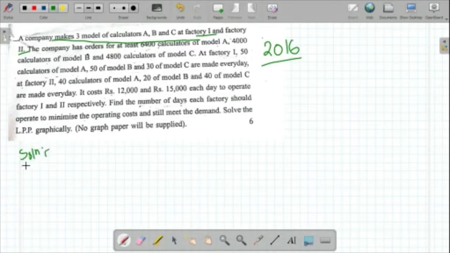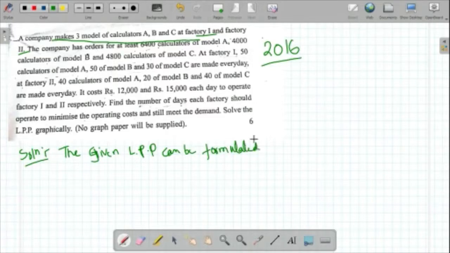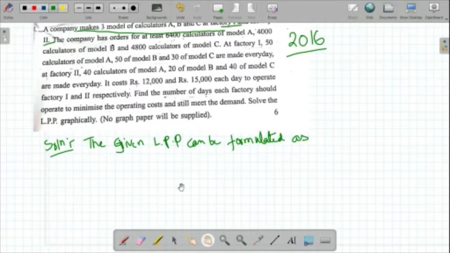Okay, solution. The given LPP can be formulated as follows.